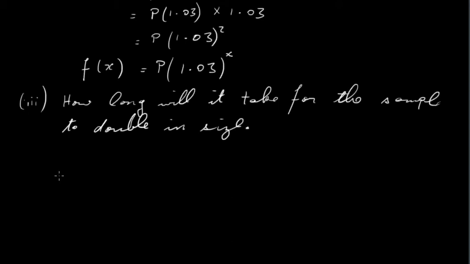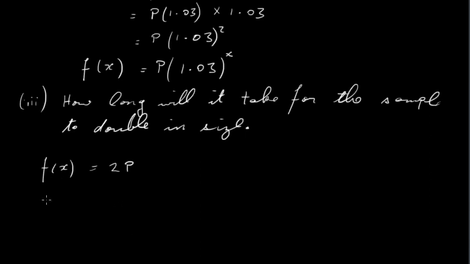So really what we want is for f of x, remember f of x represents the size of the sample after x days, so we want the size of the sample to be twice what we started with, so 2p.